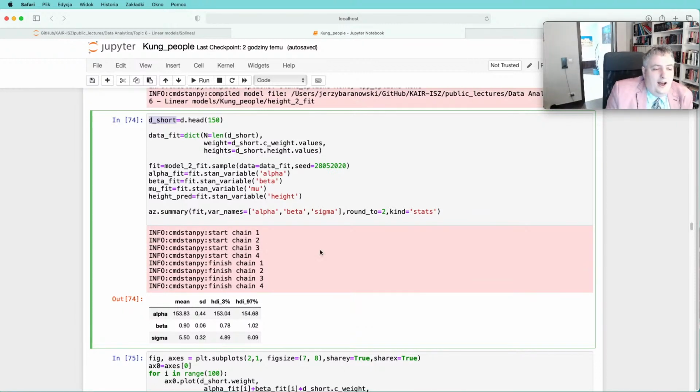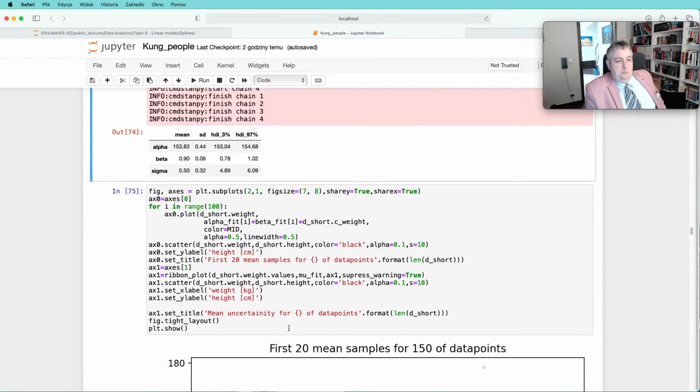Beta is the coefficient, and this generally says there's a kind of linear relationship between centered weight and height, and we have managed to reduce the uncertainty of our samples. Instead of around 8, we have now around 6. So it's not that terrible, also with tighter standard deviation inside it.